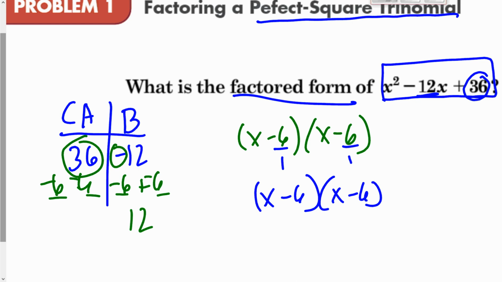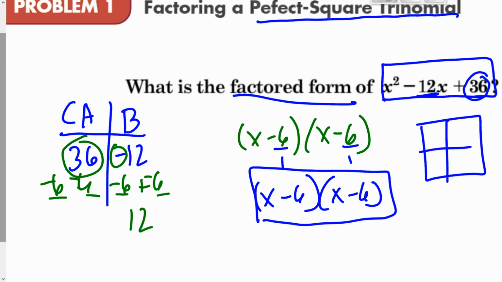And whenever you see that, it's going to factor really nicely, where the two sides of my area model, x squared, 36, negative 6, negative 6, the two sides, x minus 6 and x minus 6, are the exact same. That's why it's a perfect square, because the two sides are the same.